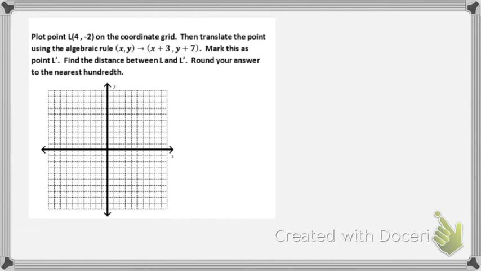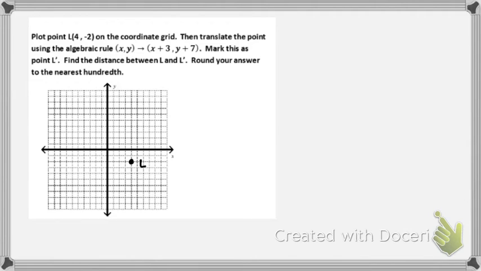Okay. For the next one, we're actually going to incorporate transformations with this. We're going to plot L, which is 4, -2, on the coordinate grid first. So 4, -2, sorry. So down here, that is L. And then we're going to translate the point using the algebraic rule. (x, y) is being changed to (x plus 3, y plus 7).